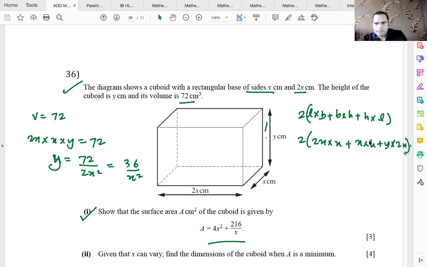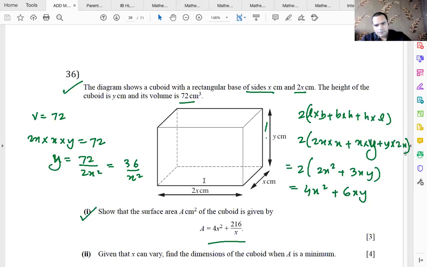Now what we get is 2 times 2x squared here, and xy plus 2xy is 3xy. So you get 4x squared plus 6xy out here.